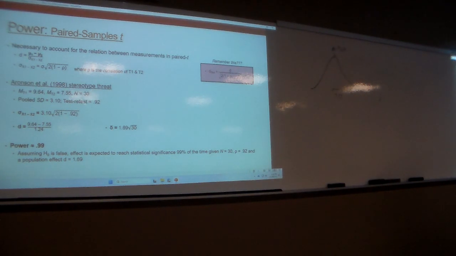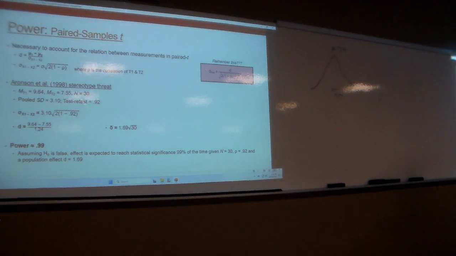If that's what I'm looking for, and those assessments are correlated 0.92 with one another, over 0.90, it's almost a certainty that every time I run this study, I'm going to be able to reject the null, right? Now I'm not going to get the same p-value every time. I just have to tip over into that test statistic where I get to reject it, right? And so it's almost certain that I'm going to find it every single time, right?